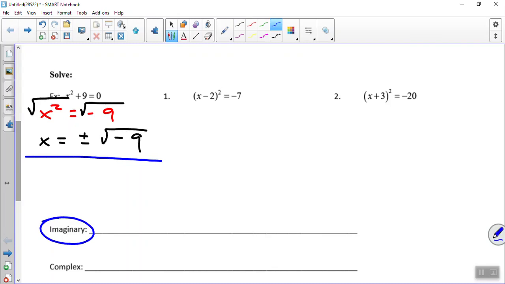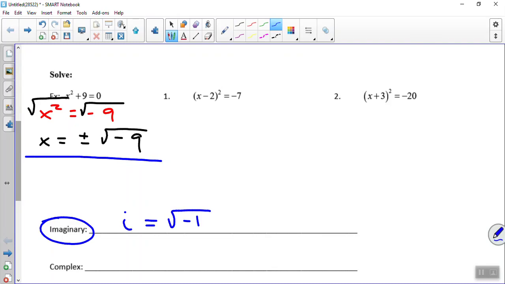So it does have some use, although maybe not in your life, but in other professions it does. So let's look at how to use imaginary solutions to solve this. Now we're introducing a number i. i is equal to the square root of negative 1.